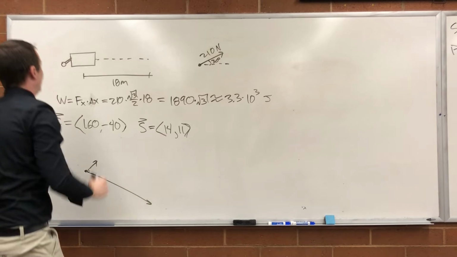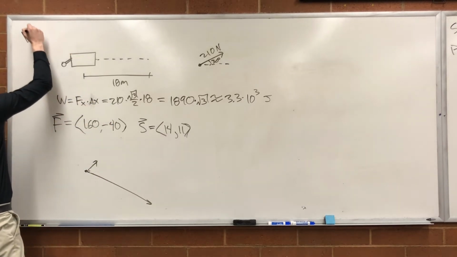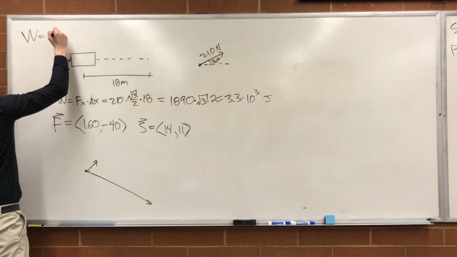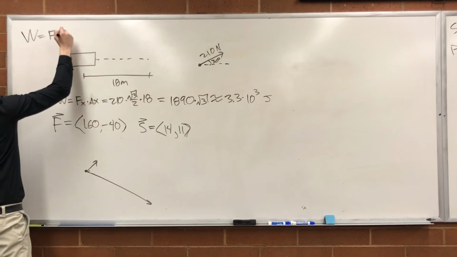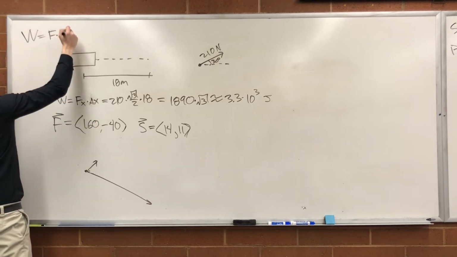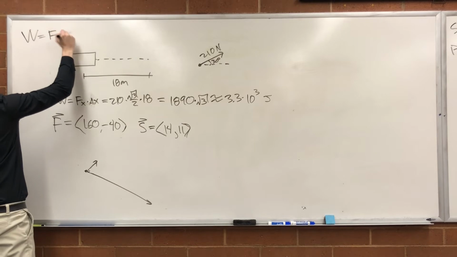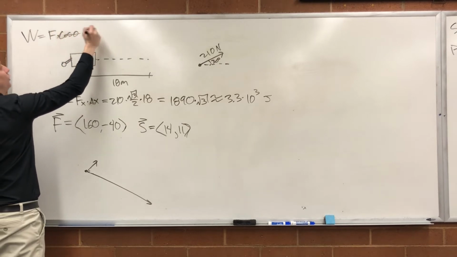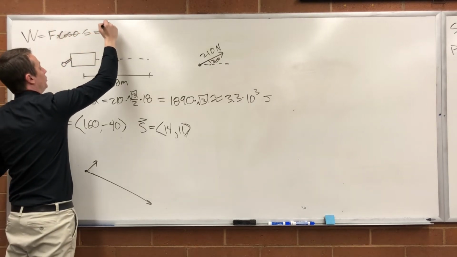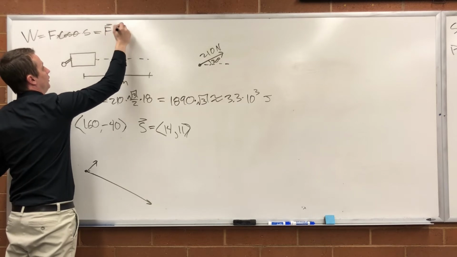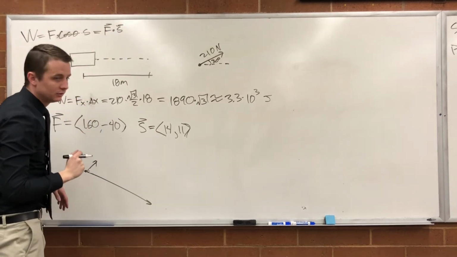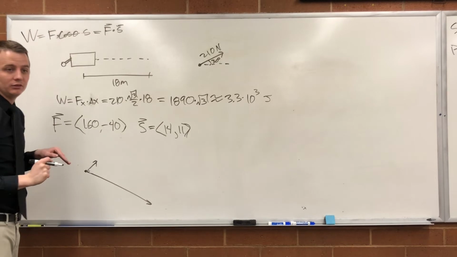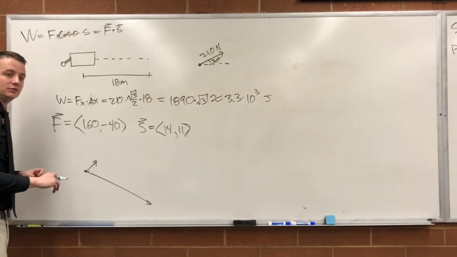And you can make this all one big nightmare of a problem. Or you can remember that work is equal to force times S, they're using S for displacement, or force times cosine of theta times S. Or another way to get the exact same quantity is the force vector dotted with the displacement vector. So we're just going to take the dot product of these and not hate our lives.